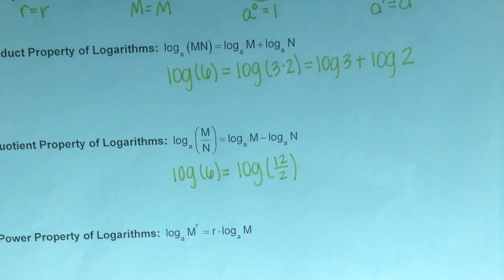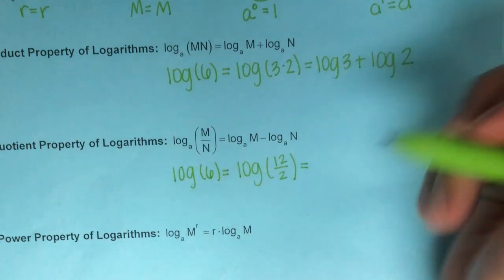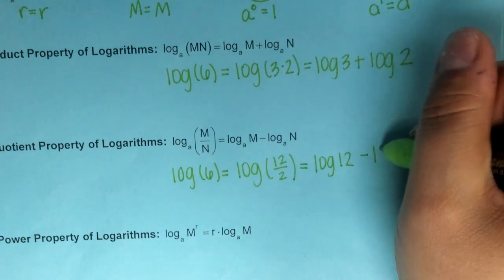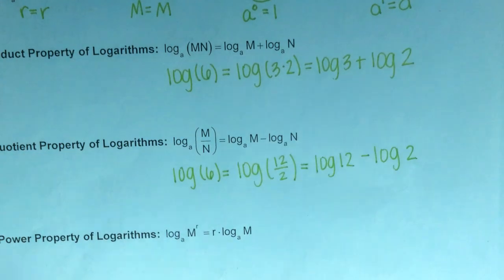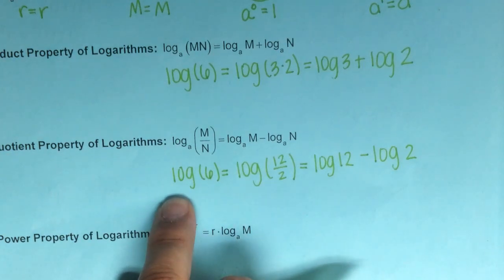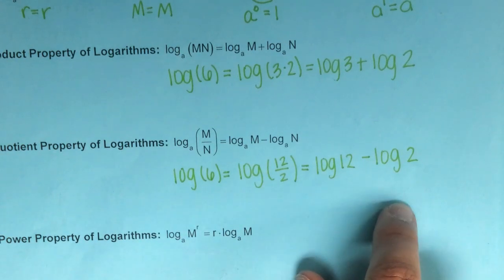What did I expand this out to? Common log of 12 minus the common log of 2. Sometimes I'm going to ask you to expand. Sometimes I'm going to ask you to compress, meaning make it shorter. So sometimes I'm going to give you this, and you're going to have to end up this way. So it goes forward and backwards. Okay.